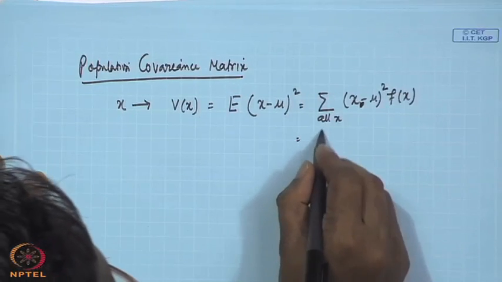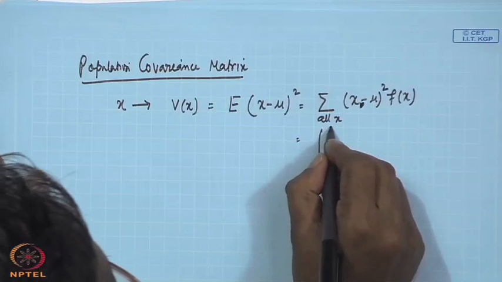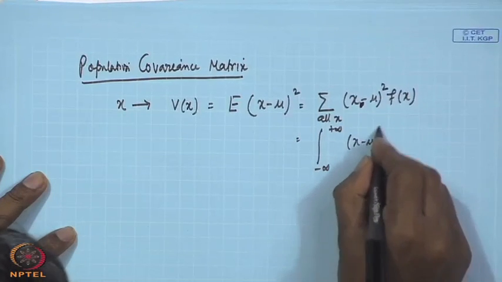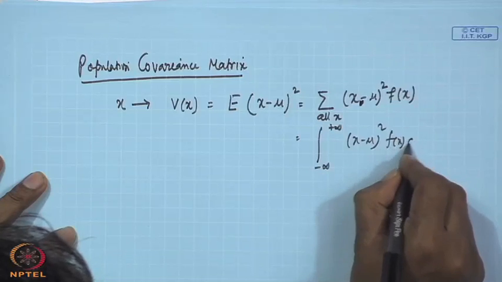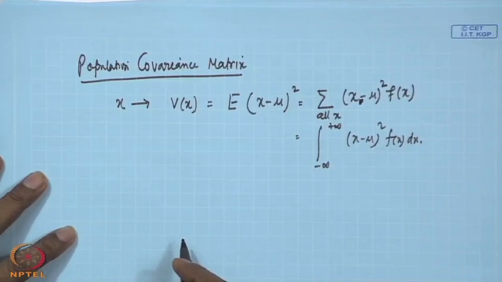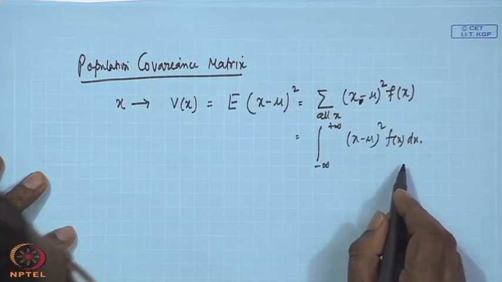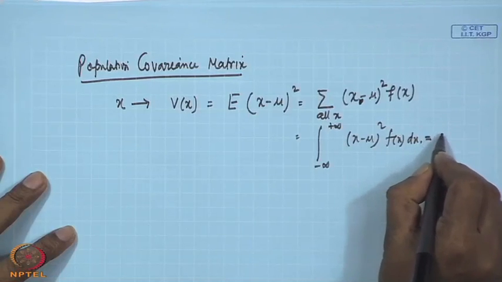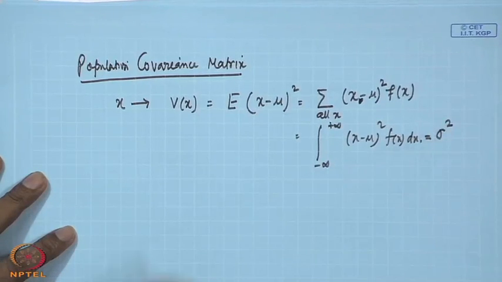And when you go for integration, you write the integral of (x minus mu) square f(x) dx. This is the variance component, which is sigma square.